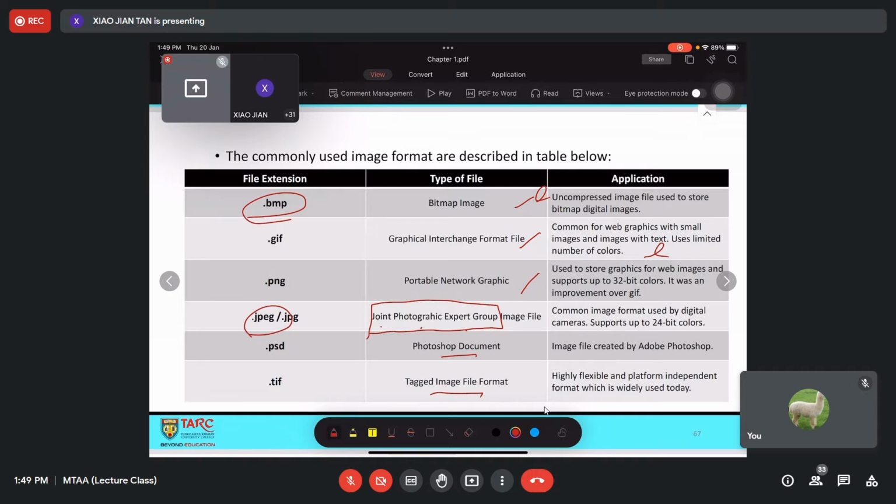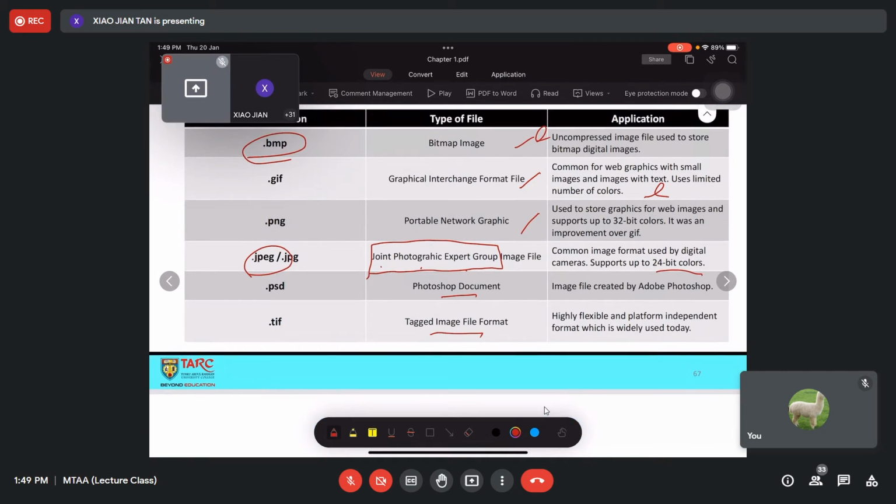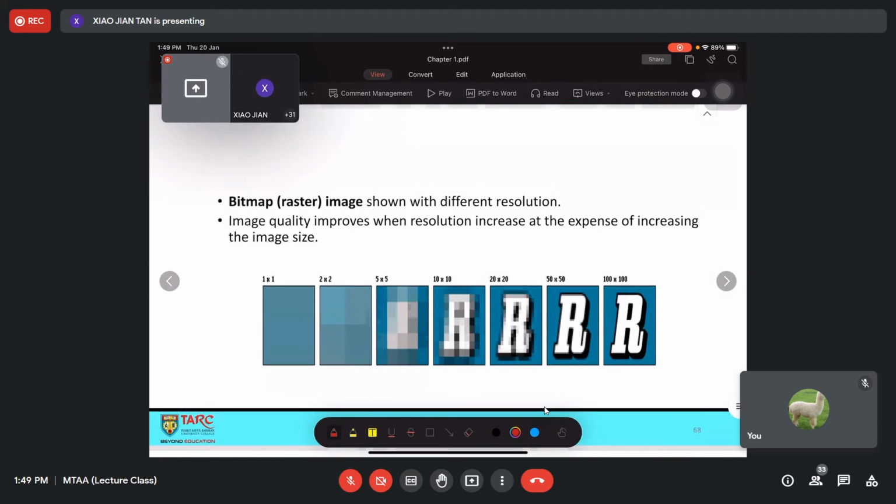It was an improvement of GIF. JPEG is the common image format used by digital cameras, supporting up to 24-bit. PSD is an image file created by Adobe Photoshop, and TIF is a highly flexible and platform-independent format which is widely used today. Some images are saved in TIF as well, so it's fine for you to process the images. But yeah, it's okay, later on.